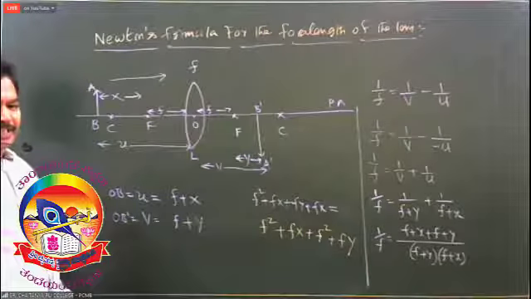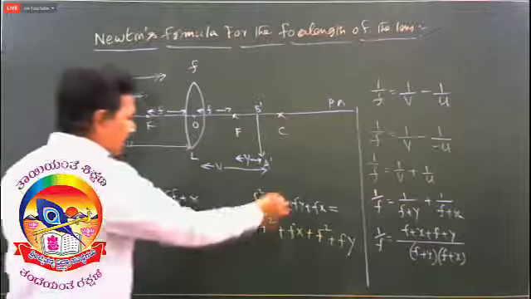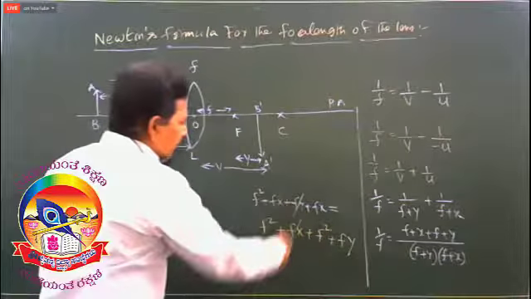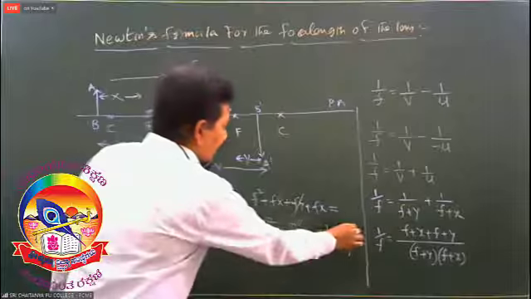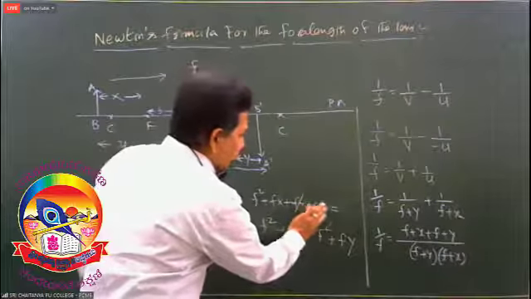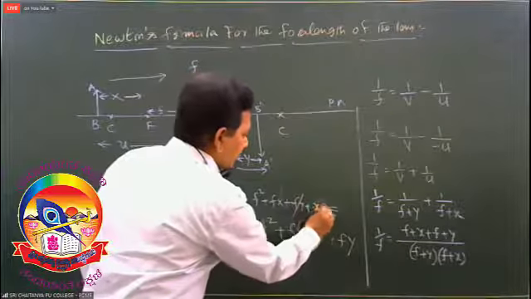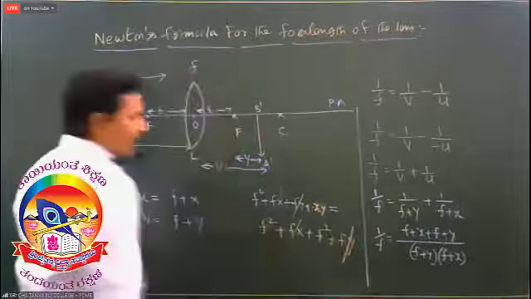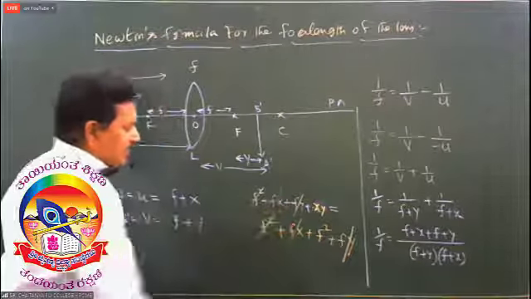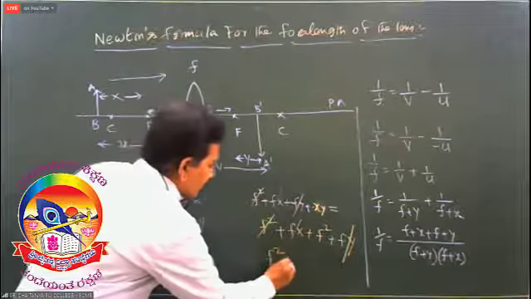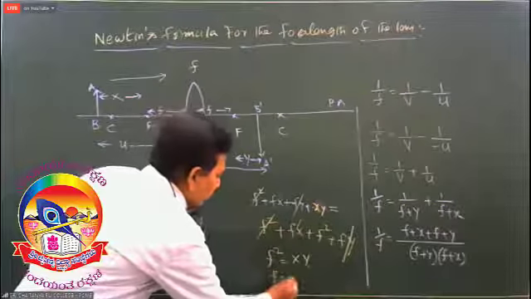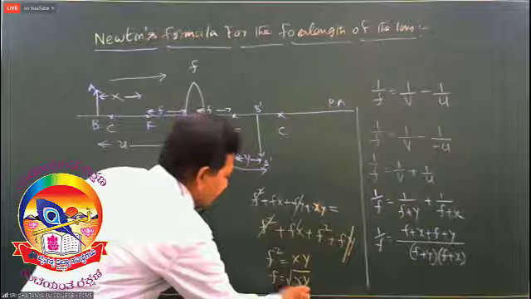Just doing cross multiplication. Then automatically the fx gets cancelled, the fy gets cancelled. This is x into y. The f squared gets cancelled. So f squared is equal to xy. So f is equal to root xy.